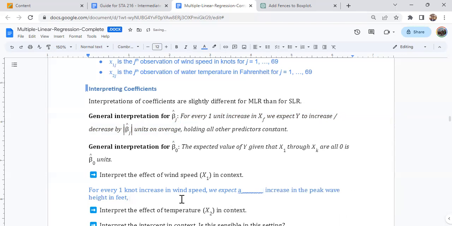And then, instead of saying very generally, holding all other predictors constant, we want to say what the predictors are. So in this case, we would say holding, and what's our other predictor? Yeah, holding temperature constant.